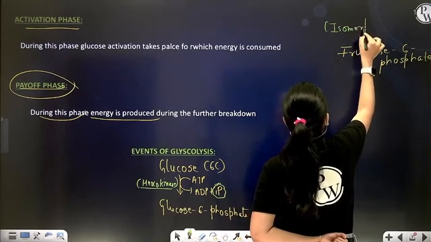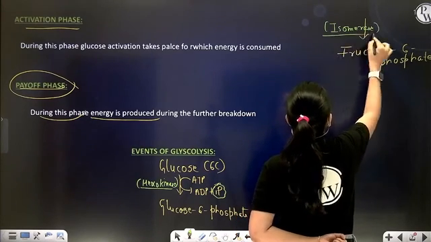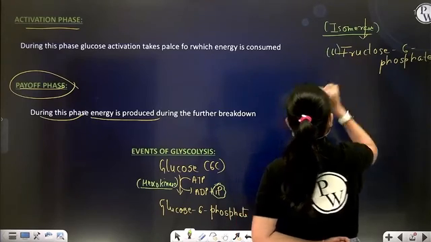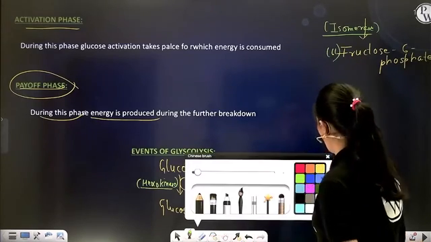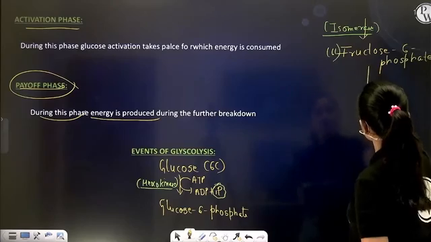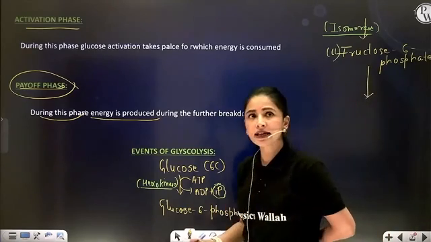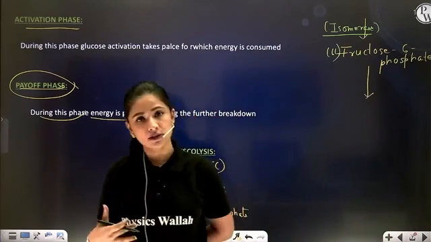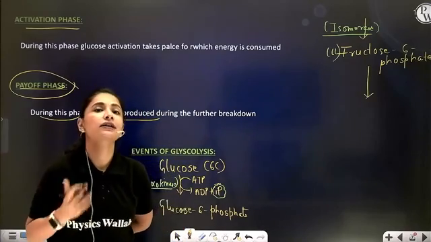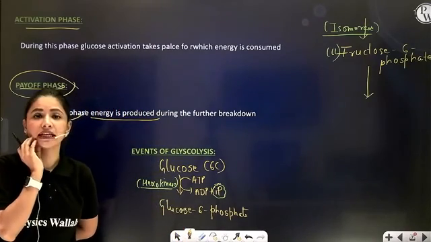Isomerase enzyme is required. This is also a 6-carbon compound. Obtain fructose 6-phosphate. Now in the next step, fructose 6-phosphate further wants to get activated. Still, the activation phase is continuing.